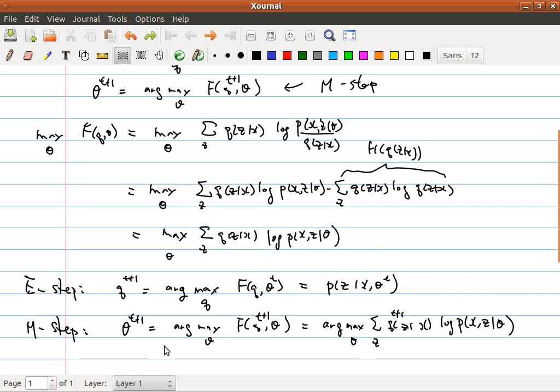And in the M step, we maximize the objective function and find the estimated parameters based on the expected membership that we obtained in the E step, and also the observation X.